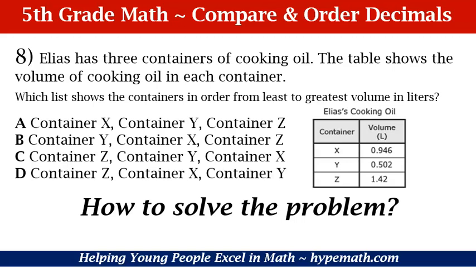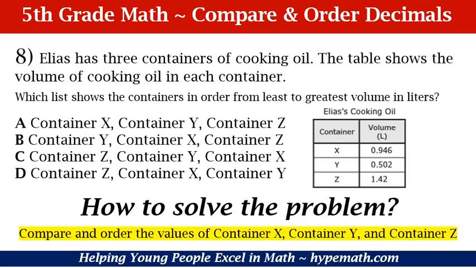How do we solve the problem? Okay, in order for us to solve this problem, we must compare and order the values of container X, container Y, and container Z. Okay, so Miss Jackson is going to teach you a strategy, a testing strategy.